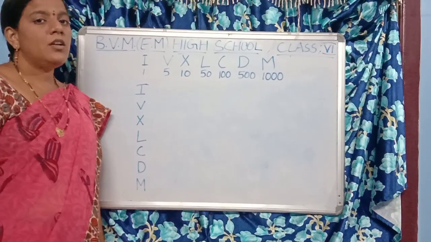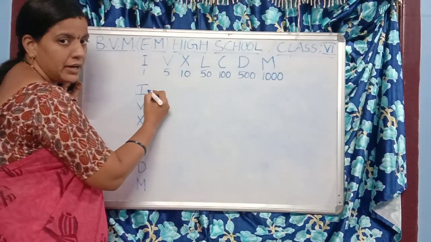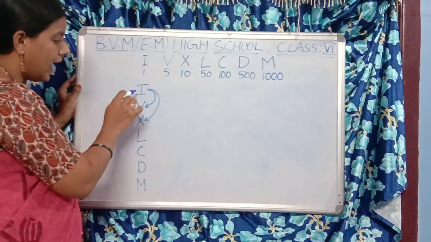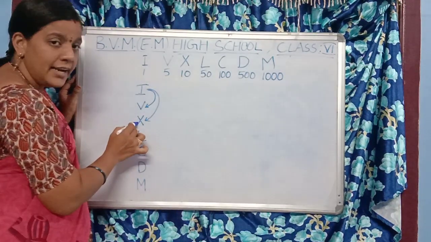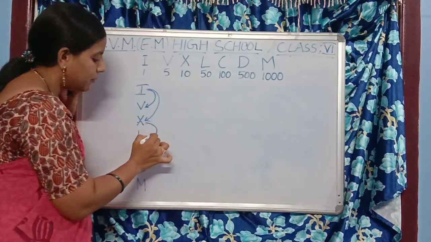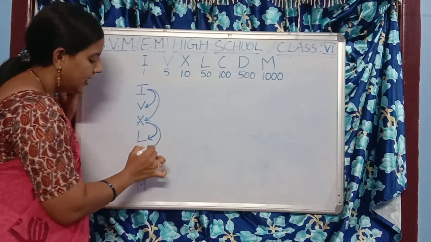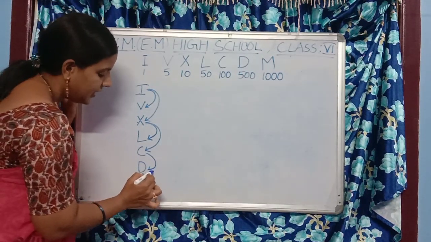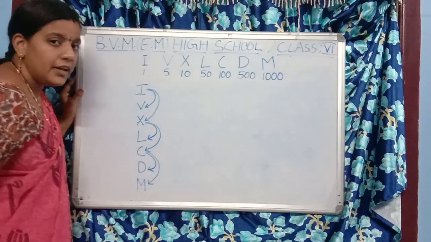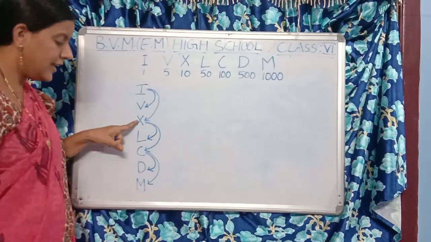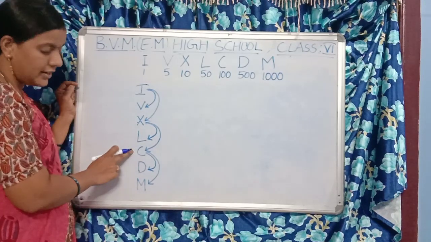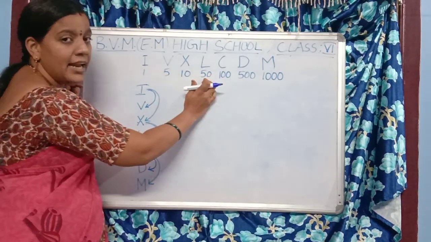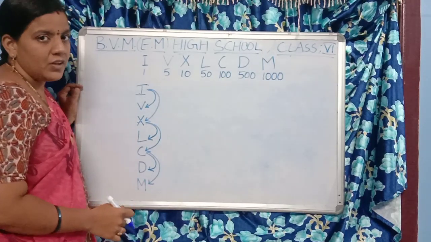Look children, I can be subtracted from V and X. X can be subtracted from L and also from C. C can be subtracted from D and also from M. I can be subtracted from V and X, X from L and C, C from D and M. But V, L, D are never subtracted. Understand?